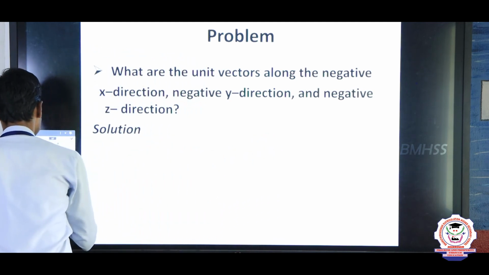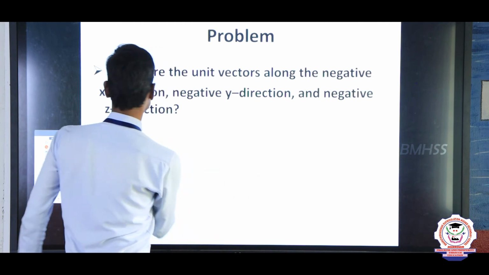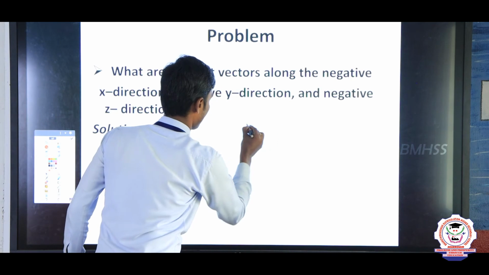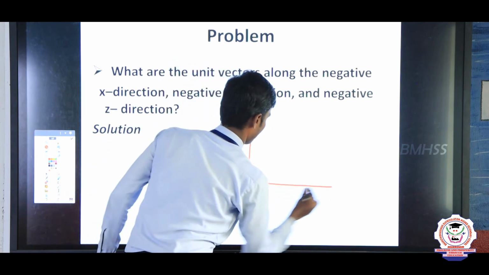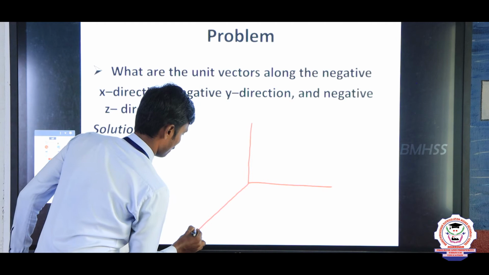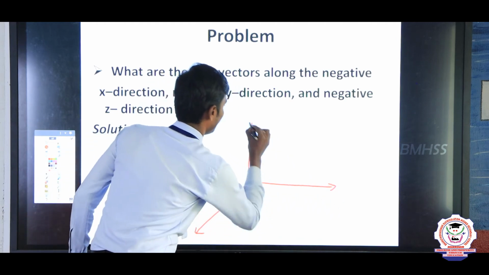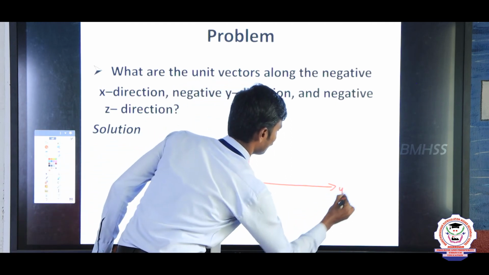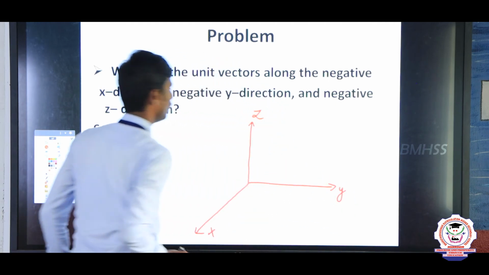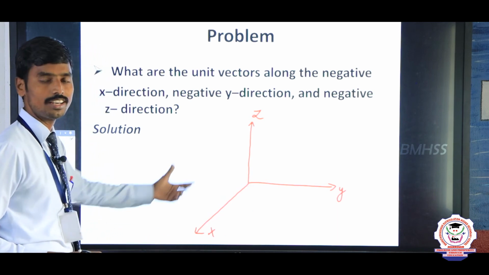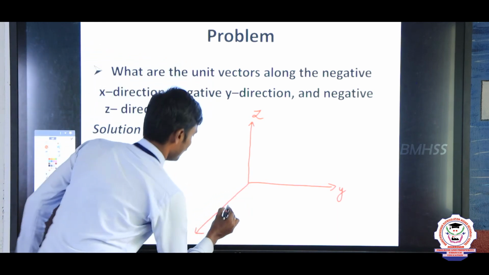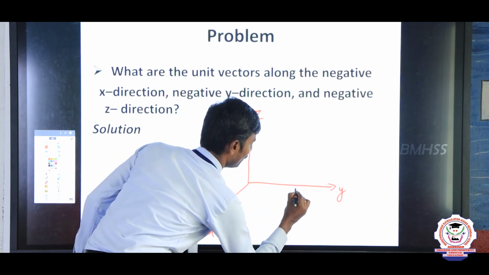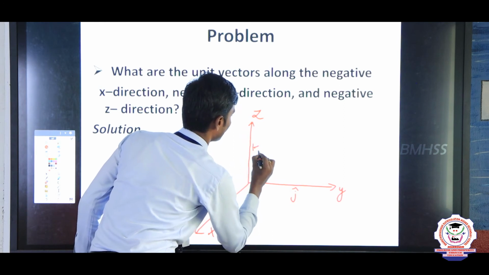This one is x, this one is y, this one is z. Here x we take i cap, y we take j cap unit vector, and z is k cap.